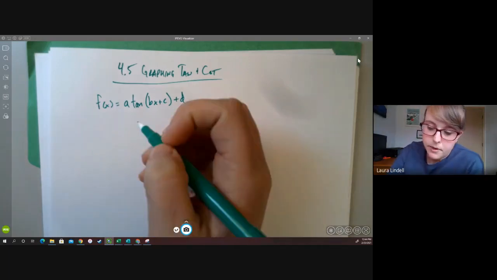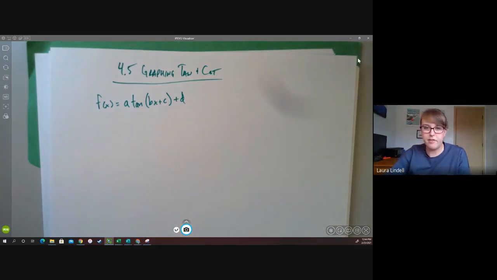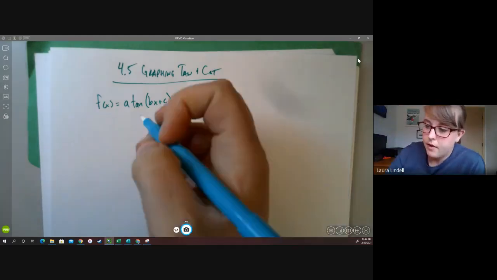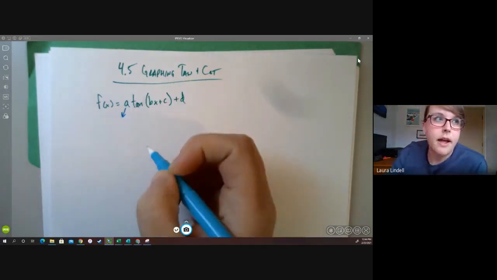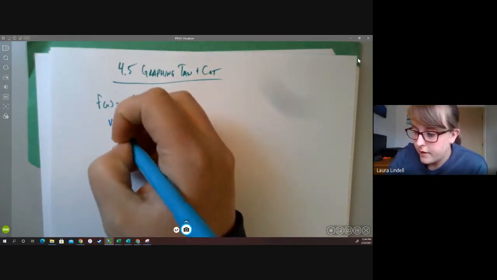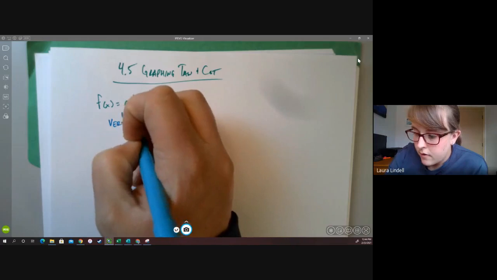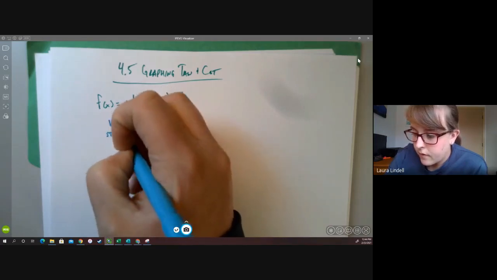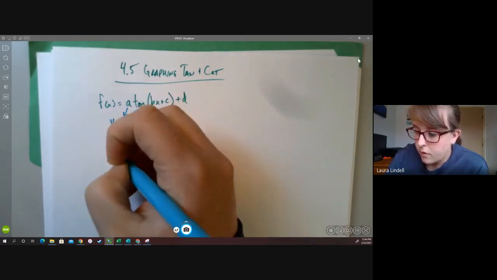As you'll see in a moment, tangent doesn't really have amplitude. It is a cyclical function, but it's got asymptotes, and so it doesn't have a maximum and a minimum value. So instead, A is the vertical stretch or compression.